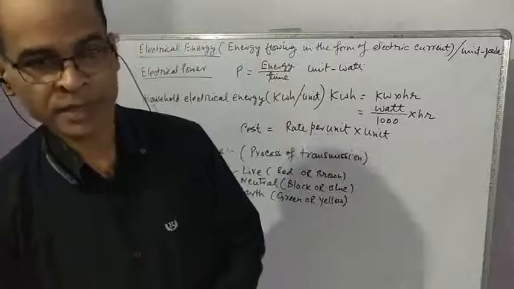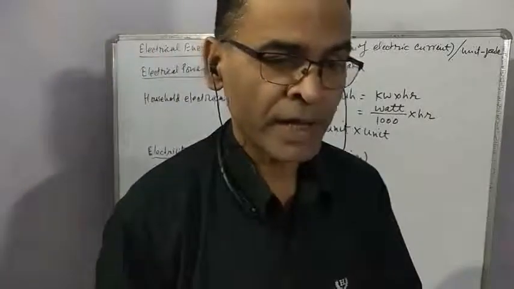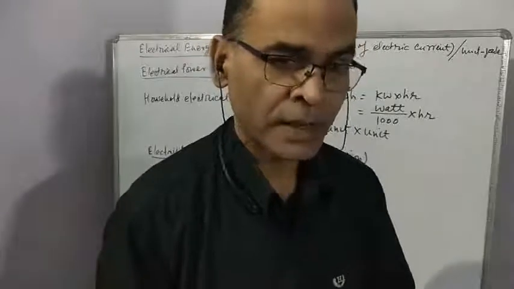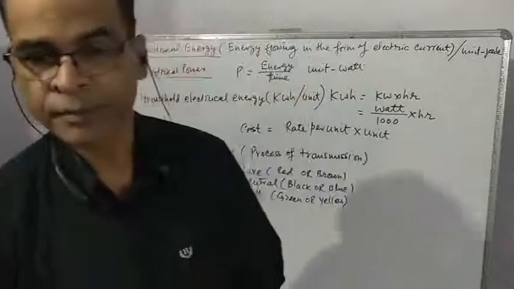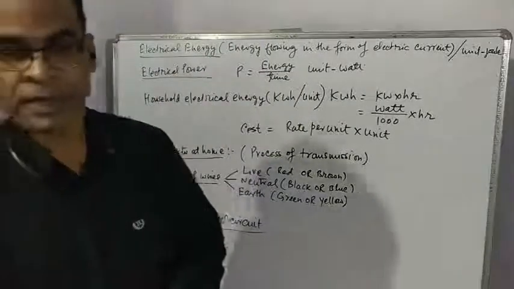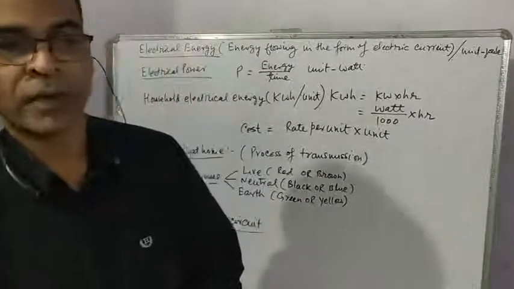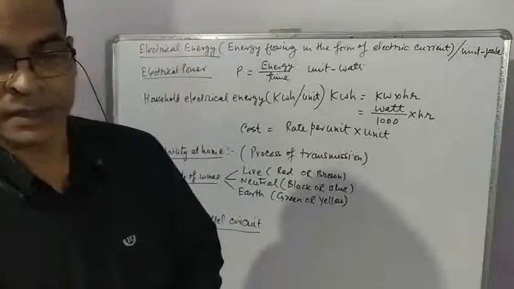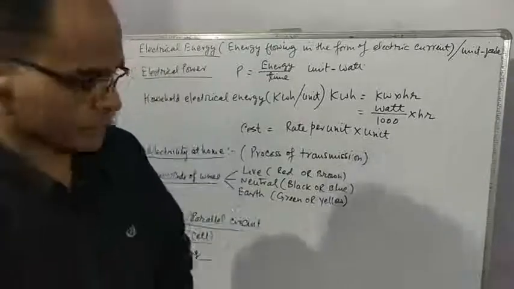The advantage of this wiring is, if one device fails, other devices keep on working. That is why parallel wiring is preferred. Another advantage is that every device gets equal voltage. In series, devices will not get equal voltage.